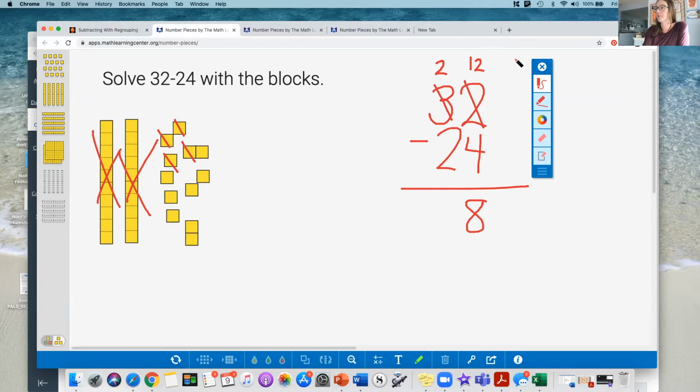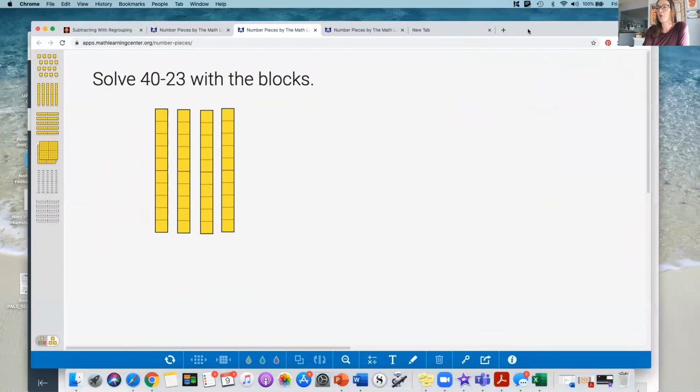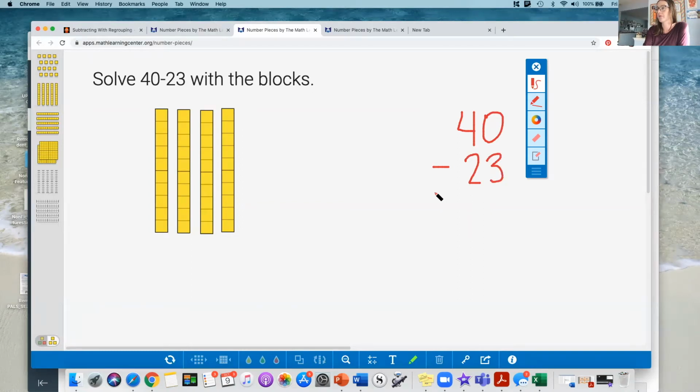Let's do another example. I have 40 and I want to subtract 23. First, I need to subtract 3 ones. I don't have any ones.